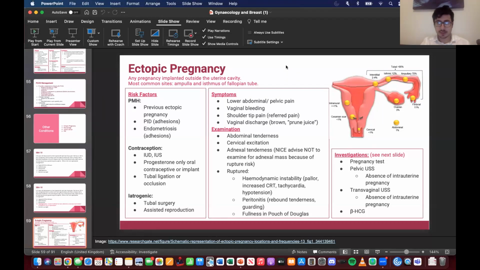So that's pallor, increased CRT, tachycardia, hypotension, peritonitic symptoms, so rebound tenderness, guarding when you examine the abdomen. And what investigations? Pregnancy test, looking for the beta HCG, a transvag ultrasound as well. And that's to confirm that there's no intrauterine pregnancy.